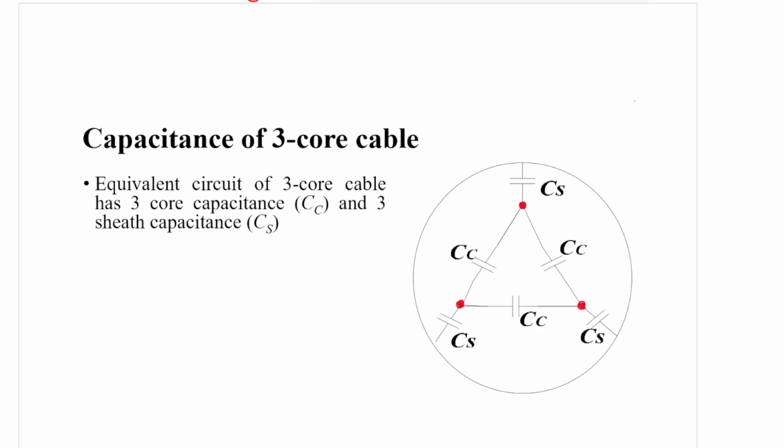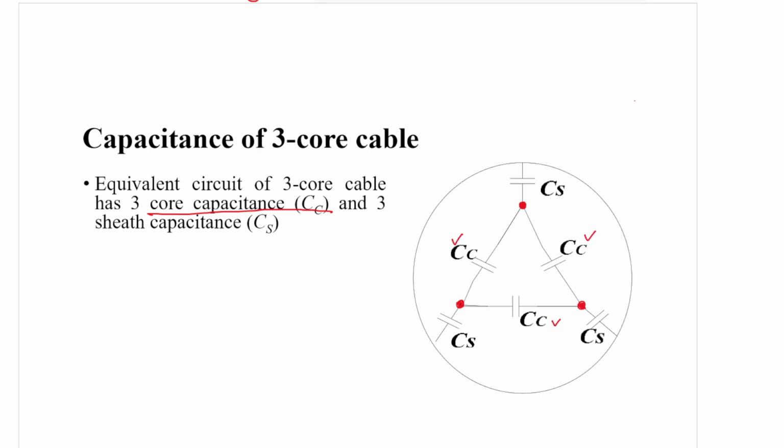So these 2 conductors are separated by a dielectric medium. So we can say that we have a capacitance formed between any 2 conductors. That capacitance is called core capacitance, Cc. In this way we have got 3 core capacitances.